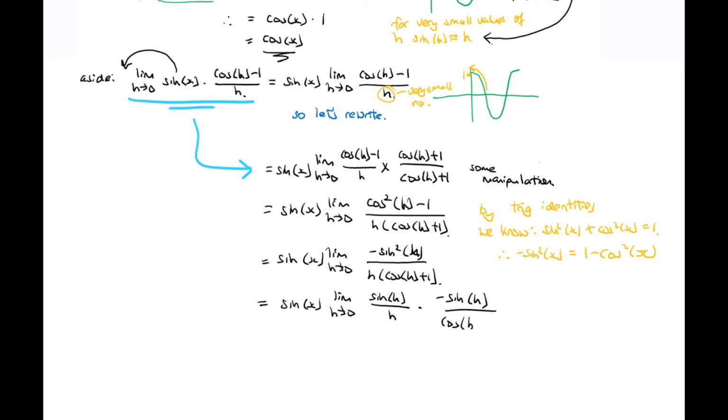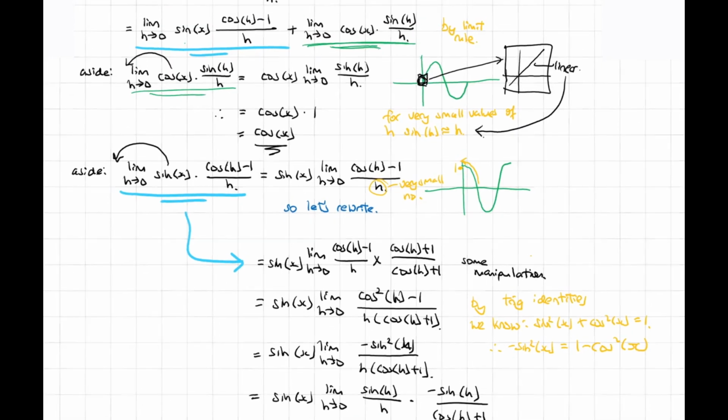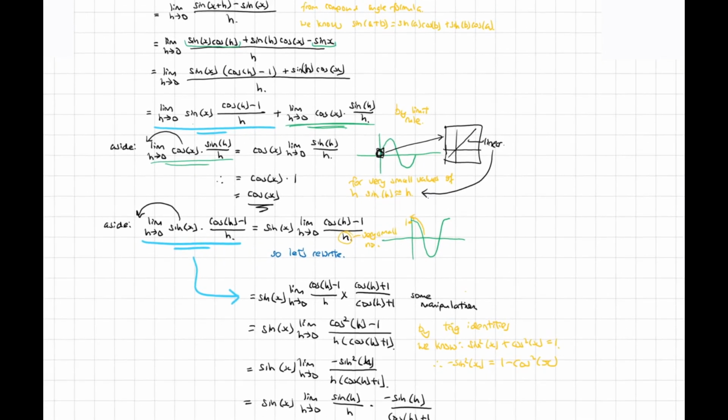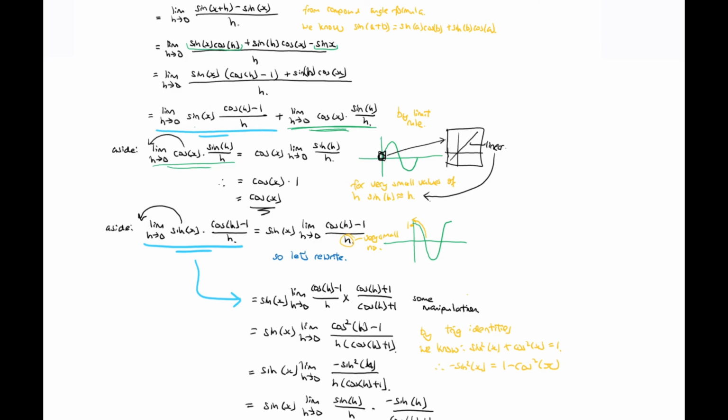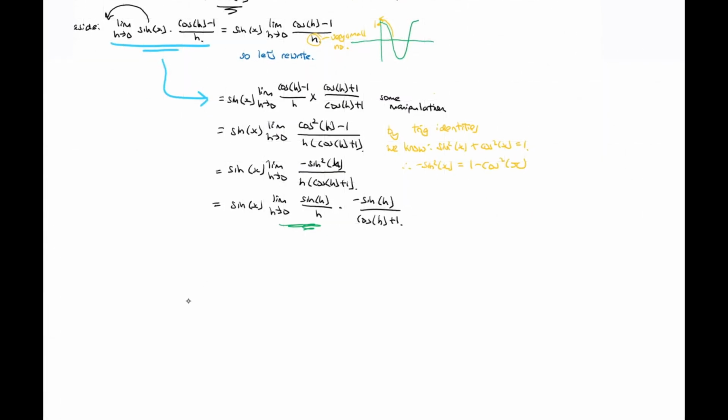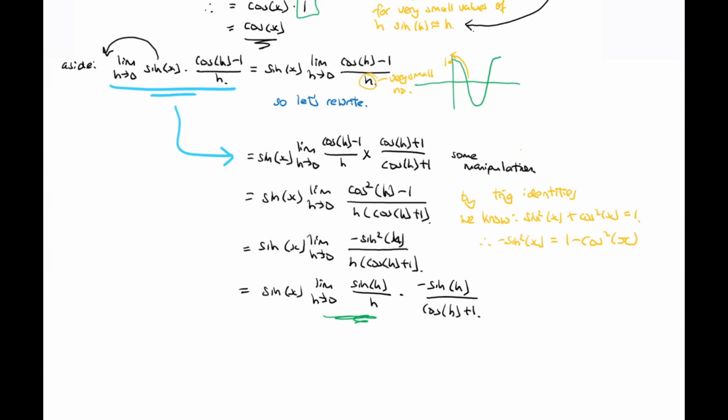Now this sine h divided by h, we have done this before. If you look back, over here, the limit of that is 1. So let's put that in there. So we have sine x times 1 times the limit as h approaches 0 of negative sine h divided by cos of h plus 1.